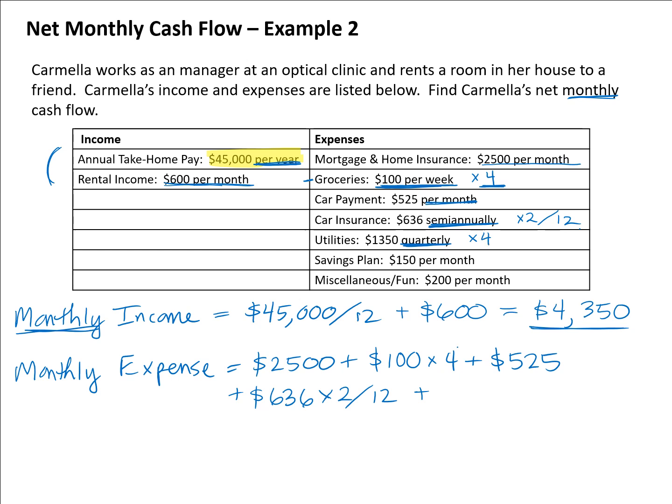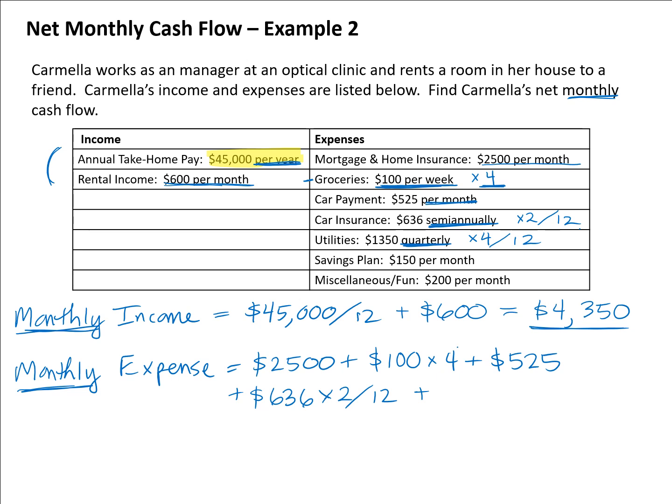And then remember, we eventually want a monthly amount because this is a monthly expense, so we divide by 12. In a similar way that we found the car insurance by multiplying by 2 to go to the year and dividing by 12, that's what we do with quarterly amounts. We multiply by 4 to get to the entire year amount and then divide by 12. My 12 looked a little funny here. Let me just fix that.